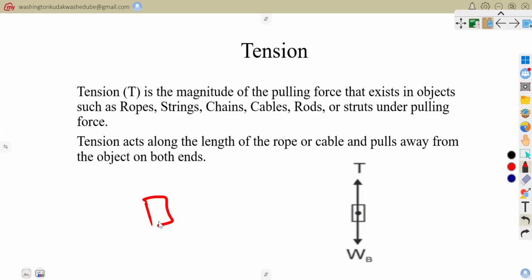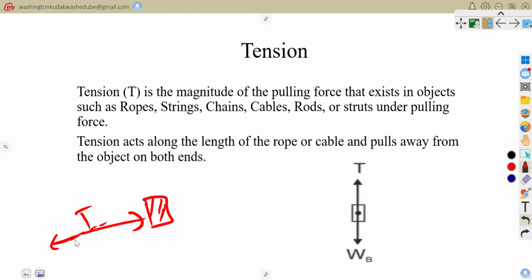Wherever you have got an object and there is a rope or a string or else a chain that is being used to pull this object, we are always going to have tensional force within this rope.